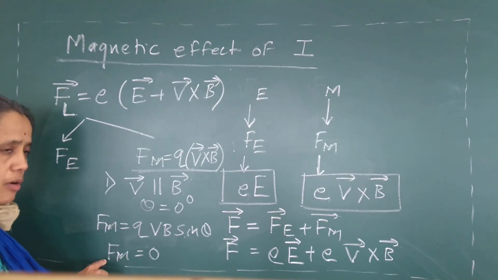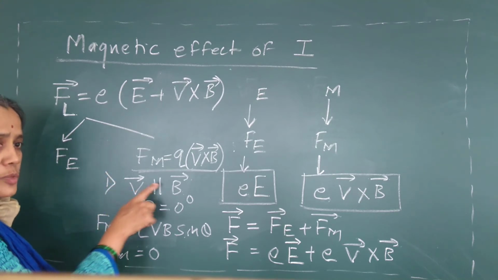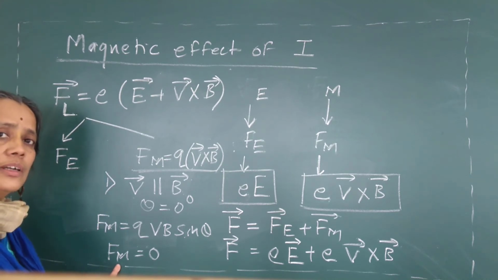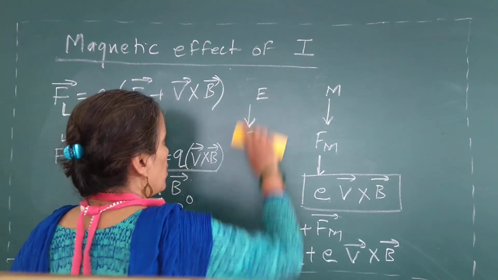So in Lorentz law, when the velocity of a charged particle is parallel to the magnetic field, the magnetic force acting on the conductor will become 0. This is the first case. What is the second case?